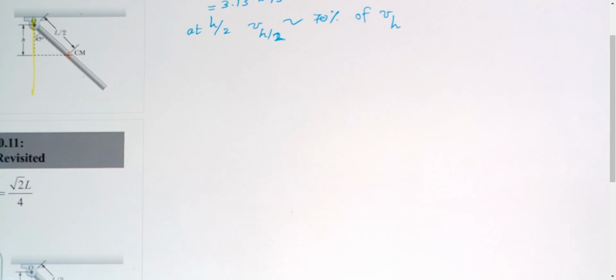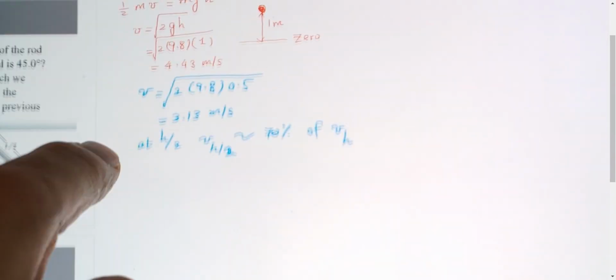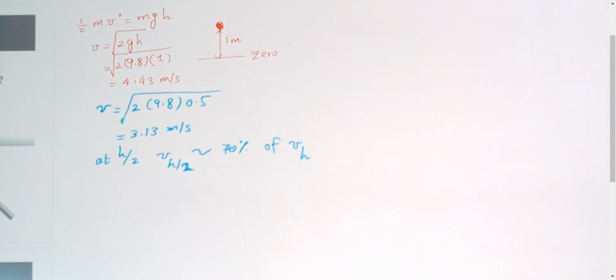Go ahead, Adel. Doctor, is it related to sine? Like 45 is almost 0.7, and that's 70%. Are these things related to each other? It is related to the angle but not the sine, the cosine.